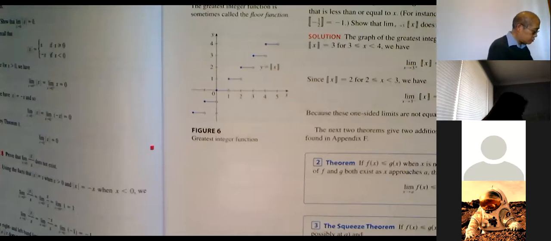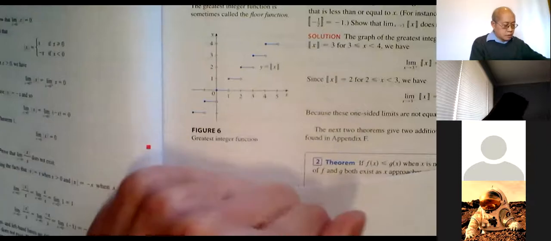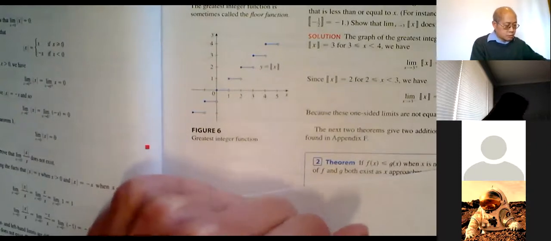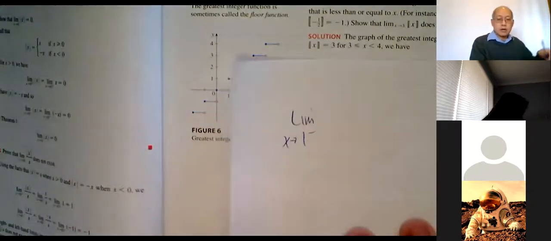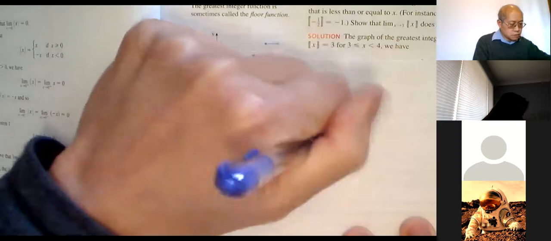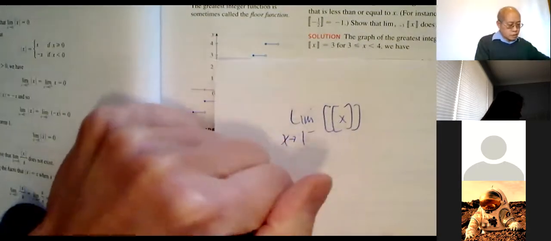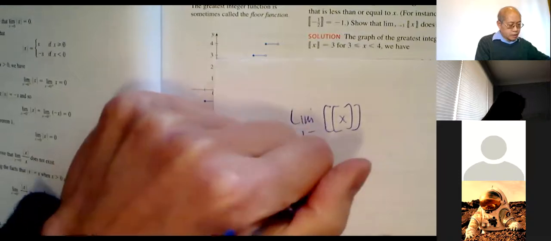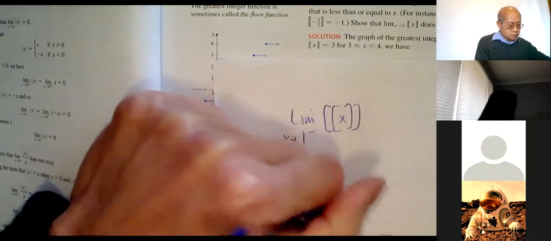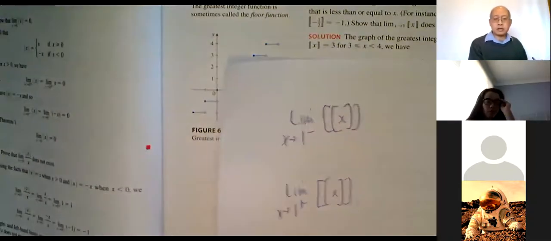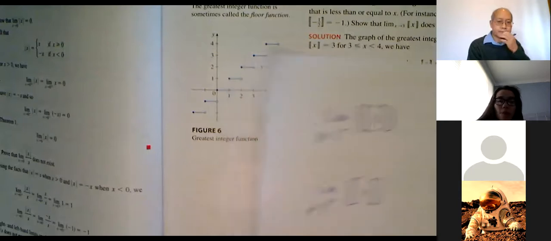So what is the limit as x approaches 1 from the left, and the limit as x approaches 1 from the right of the greatest integer function.